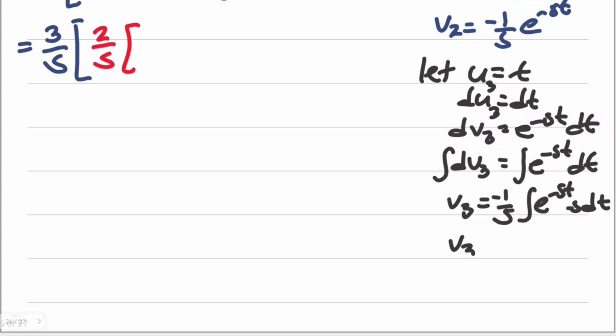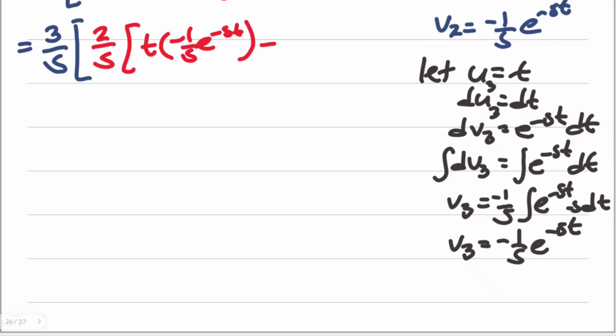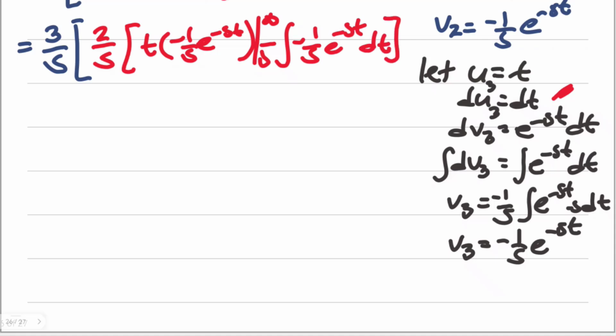In short, your v sub 3 is negative 1 over s e to the power of negative st. So similar here, our u is actually t, and your v is negative 1 over s e to the power of negative st, and then minus, again this starts from 0 to infinity, the integral of v du, negative 1 over s e to the power of negative st, and at this time you already have dt. So that's the end of our integration by parts.